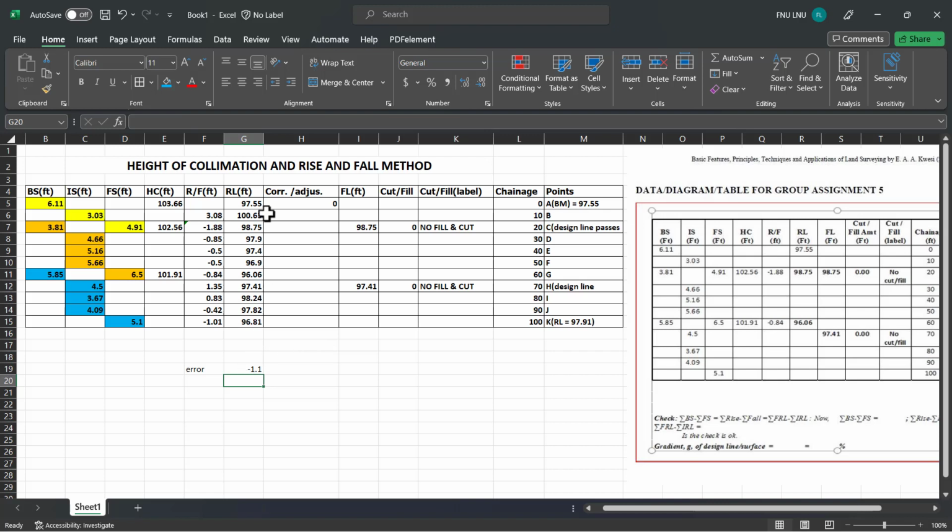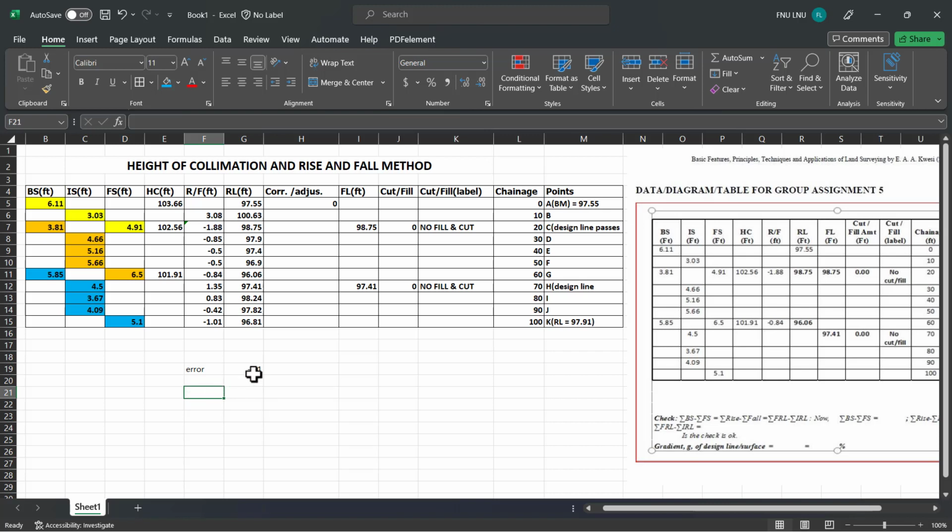So now you have to adjust all the levels using this error. Now you have to know the number of traverse legs or traverses you did. So you have one traverse here, the second traverse here, 2, the third traverse here, 3. So what you have to do is divide this one by 3. So now we are going to compute our correction. Now when the error is negative, the correction is positive.